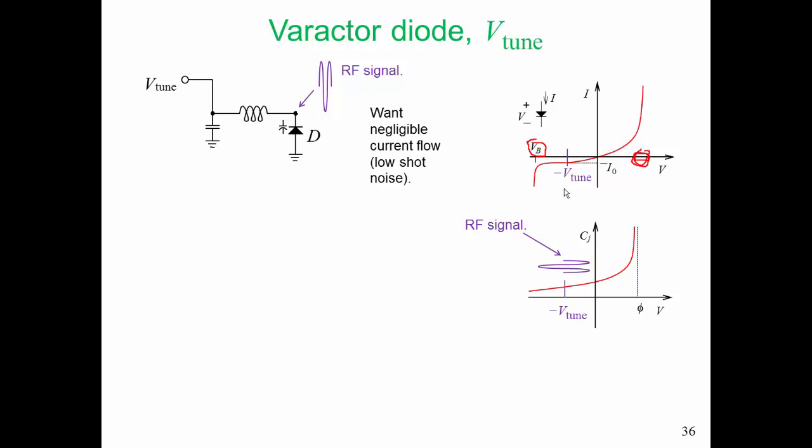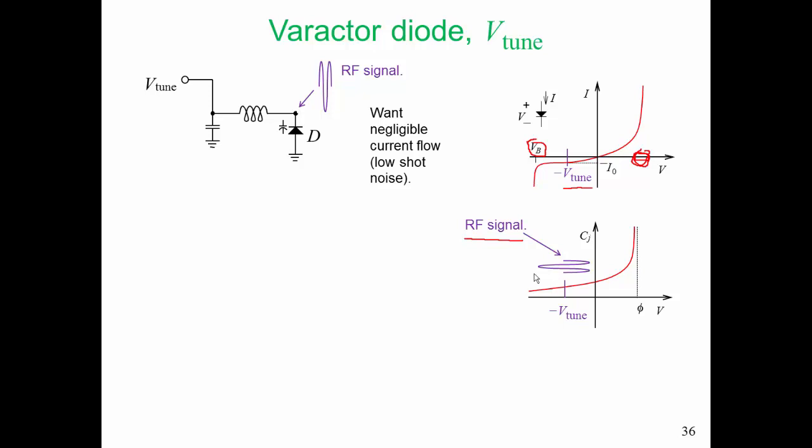So if we tune the Varactor diode to this voltage, and our RF signal is fairly small, we will have a nice controlled capacitance value. I've drawn here the RF signal as a sine wave. It's centered on the DC voltage Vtune, and in this case we see that our voltage is varying and the effective capacitance value at each time point on that RF signal will change.